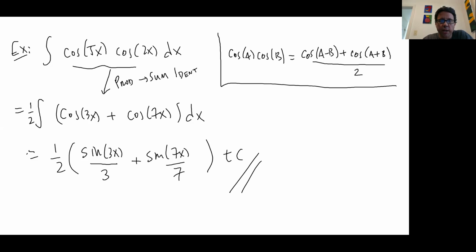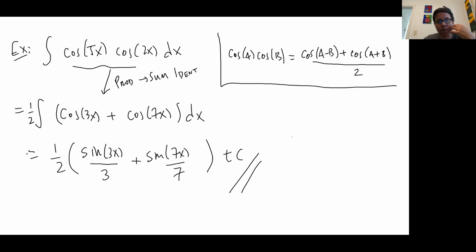Okay, sorry. Yeah. So look at what we have here. One of these is the cosine of 7x, and the other is the cosine of 3x. And it doesn't matter if I did the cosine of 7x first or the cosine of 3x first. I'd still get the same answer. I just might have these written in the opposite order. But it's a plus, so that doesn't matter in the cosine cosine or the sine cosine.